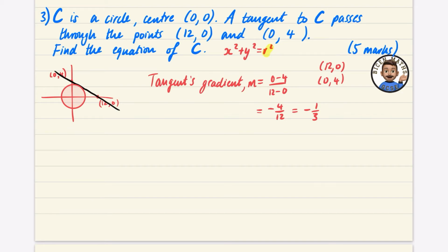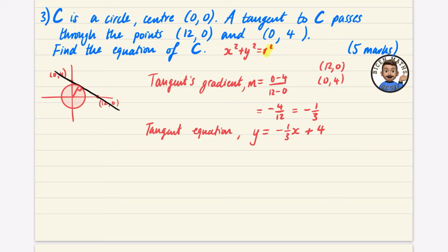Okay, so that means we can come up with the equation of the tangent. The tangent equation is just going to be y equals mx plus c, and you can tell what the y-intercept is. It's really easy: the y-intercept is just 4, so y equals minus 1/3 x plus 4. Now we're going to think about the radius.